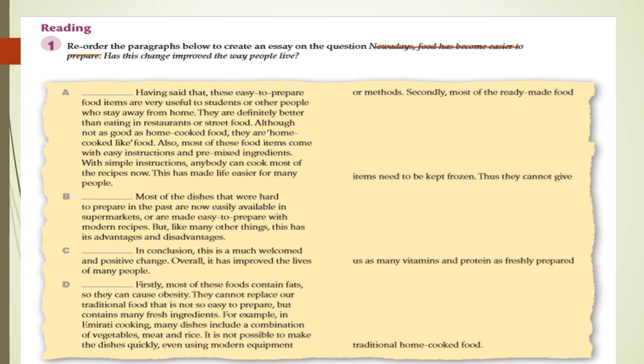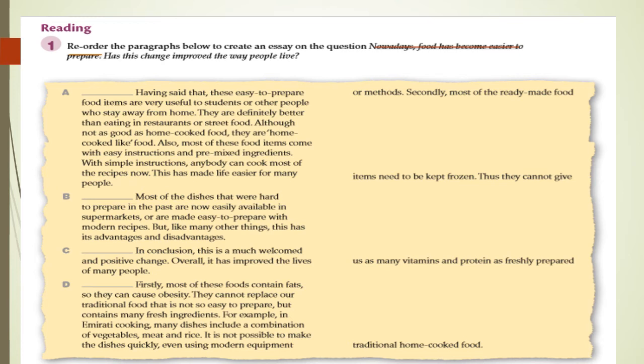They are home cooked like food. Also, most of these food items come with easy instructions and pre-mixed ingredients. With simple instructions, anybody can cook most of the recipes now. This has made life easier for many people.